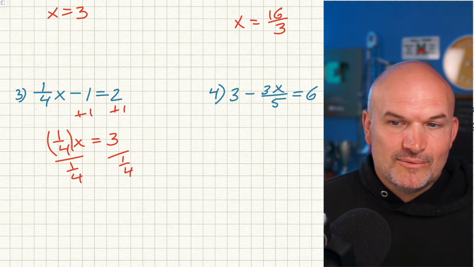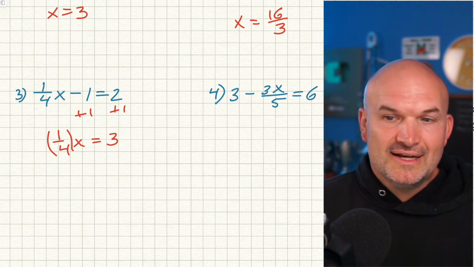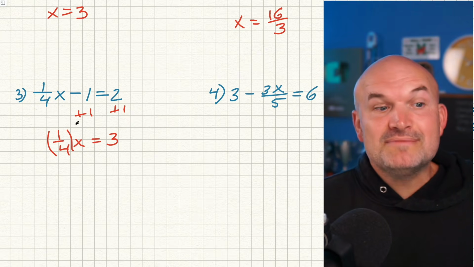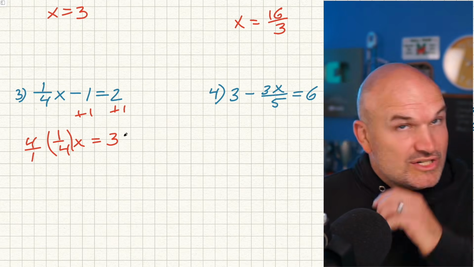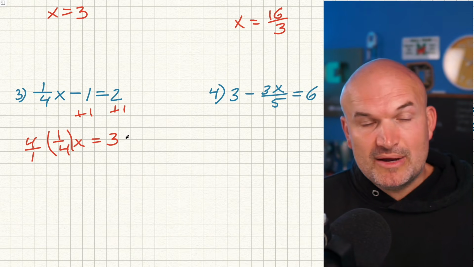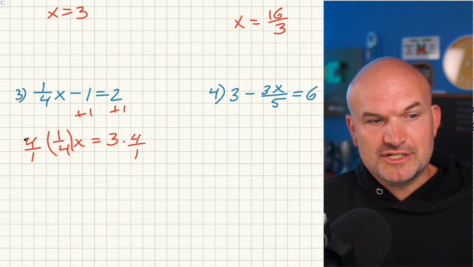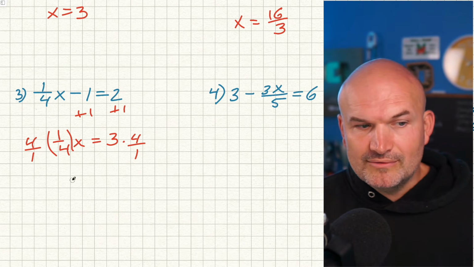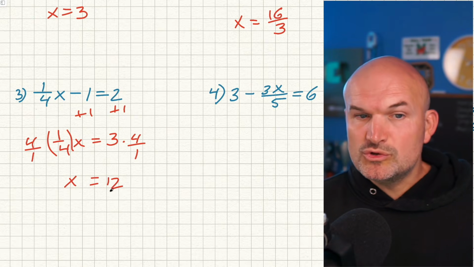So what's another way that we can divide by a fraction, which is going to give us the same result? Dividing by a fraction is actually the same thing as multiplying by its reciprocal. So I can multiply by 4/1, which is the same operation as dividing by 1/4, but it makes the math a little bit easier, especially when you're dealing with fractions. Notice how this 4/1 times 1/4 just goes to 1, right? So there we have our coefficient isolated, and then that's going to equal 12.